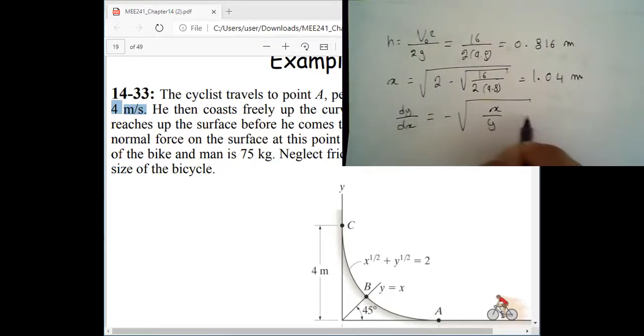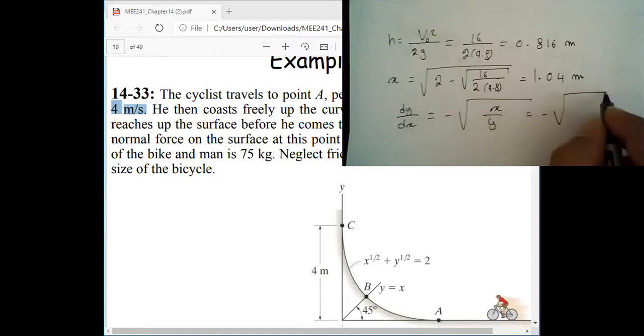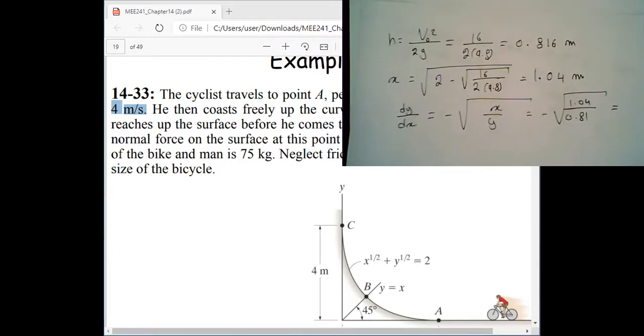X over y, right? This is our value. So minus, what was our x? 1.04 divided by y, which is 0.81. And if we do that, square root of 1.04, divide that by 0.81.